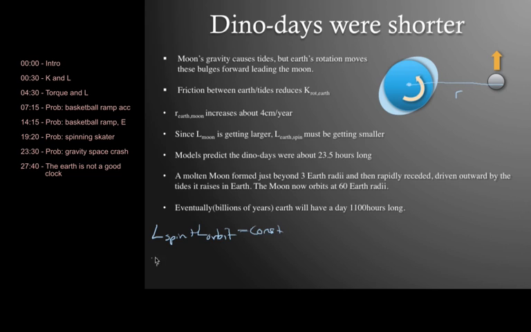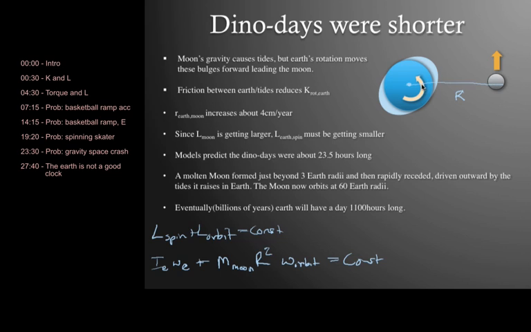So the spin is going to be I of the Earth times omega of the Earth, how fast the Earth is spinning, and then the angular momentum of the moon's orbit is going to be mass of the moon times r, this r right here, squared, and then now times omega of the orbit. And this all is constant.